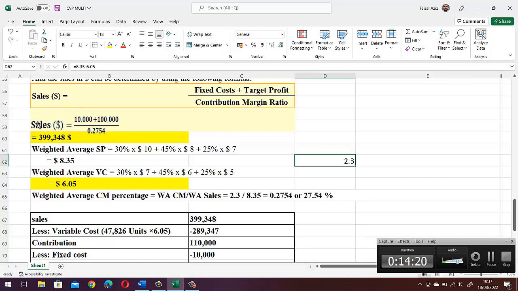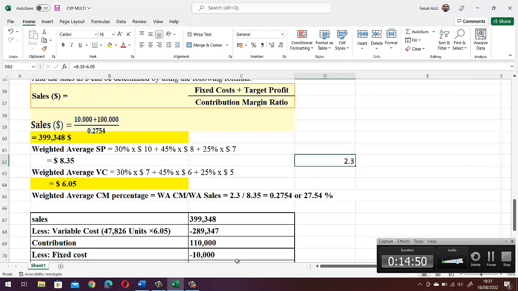So 10,000 is the fixed cost plus 100,000 is the target profit divided by the weighted average contribution margin, which is 0.2754. After solving this we will get an answer of $399,348.